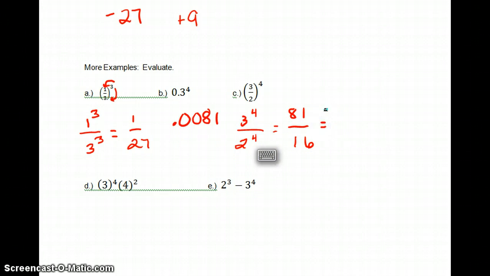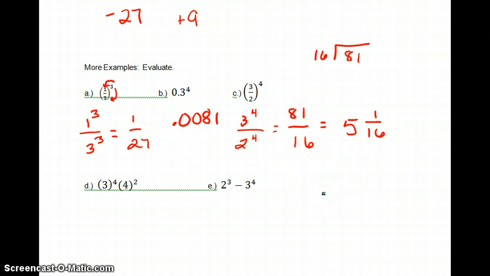You can check to see if you can reduce by anything to make the fraction smaller. You can't in this situation. So you would just want to go ahead and turn that into a mixed number. If you're still having trouble with that, just remember you're going to set up a little bit of a division problem there, and it does end up going in 5 and 1/16 times.